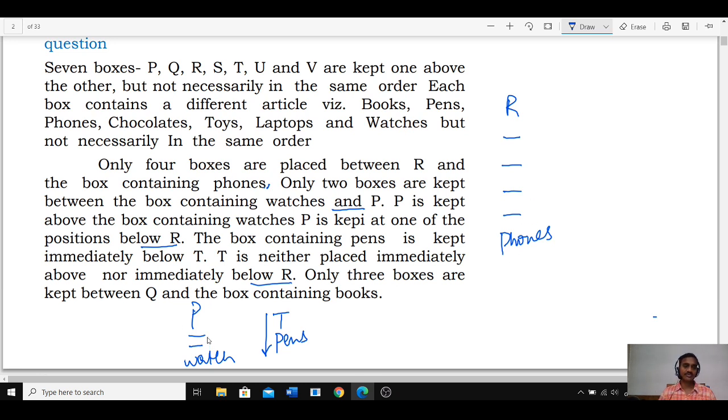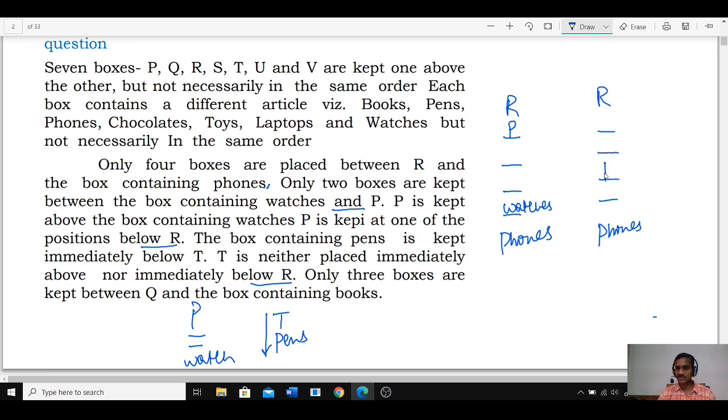Then let us check P and the watches. Suppose P is here, then 1, 2 watches. This is one possibility, it fits, right? What is the next possibility? 1, 2, 3, 4 phones. We assumed phones here. Then if P is here, phones is here and watches here. P cannot be here, because phones would have to come here, which is not possible.